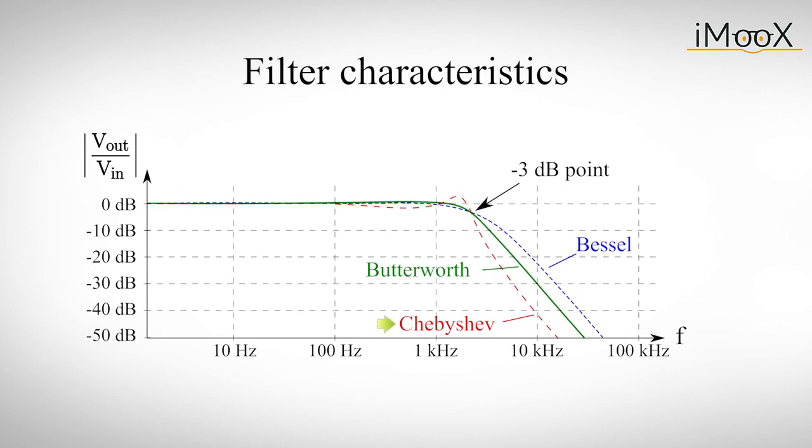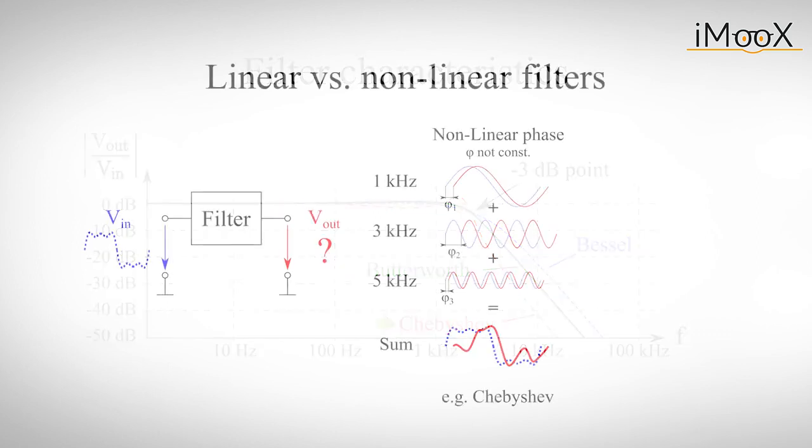A Chebyshev design, for instance, has the steepest attenuation of all, which comes at the expense of flatness in the passband. It also has only mediocre phase and transient characteristics, which will produce unequal time delays for signals within the passband. As a result, the waveform of a signal in the passband will suffer distortion, which can be undesirable.